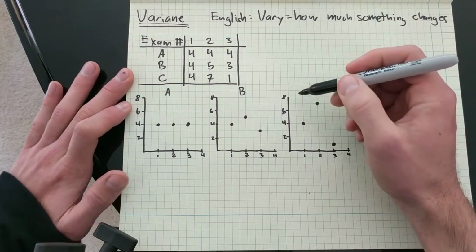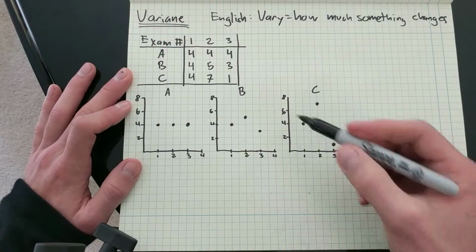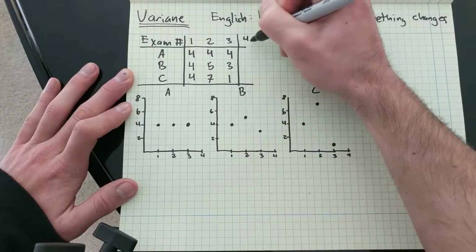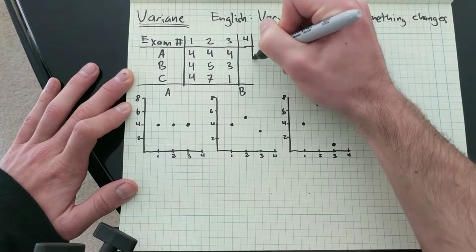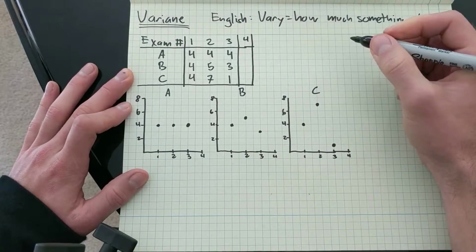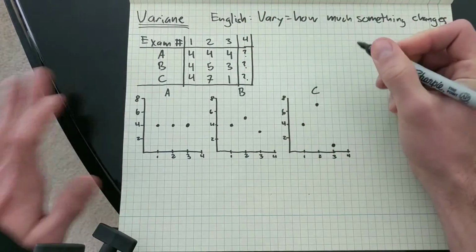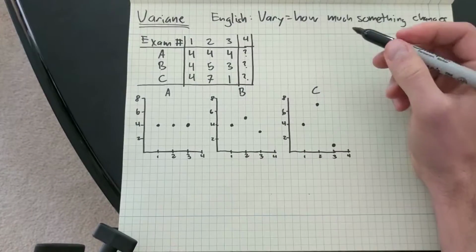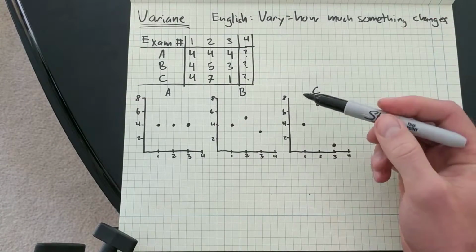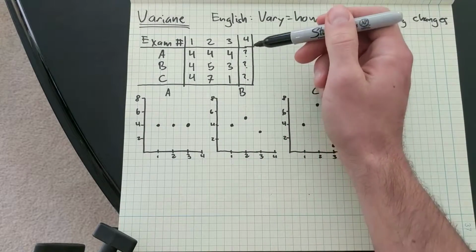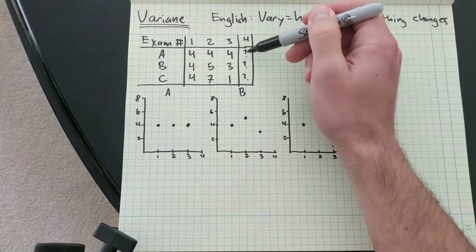So my goal is to try to predict what these students will score on their next exam, on exam number 4. A good way to start is to take the average. Perhaps the average of A will be a good predictor for what the test score on number 4 is.